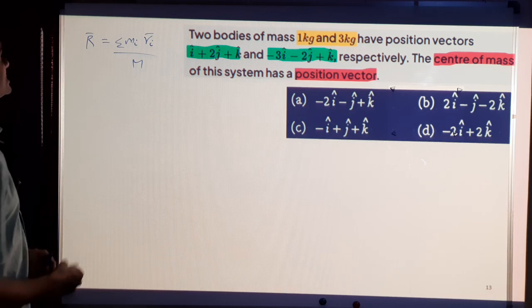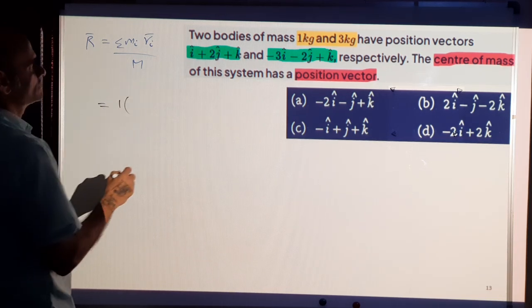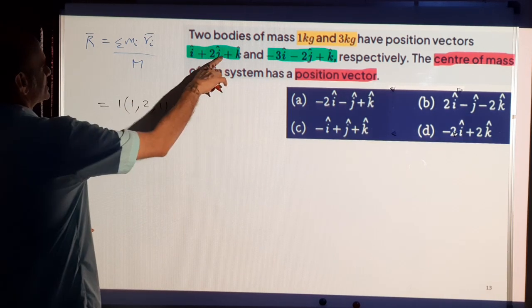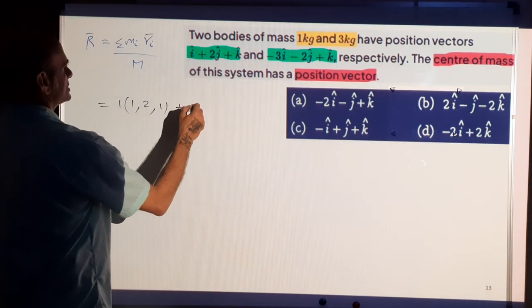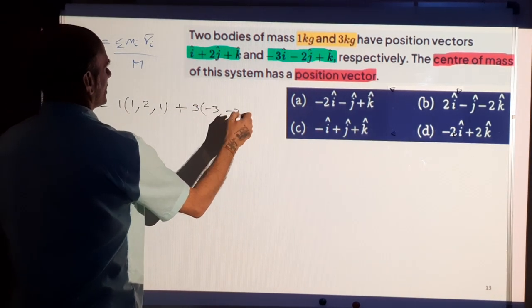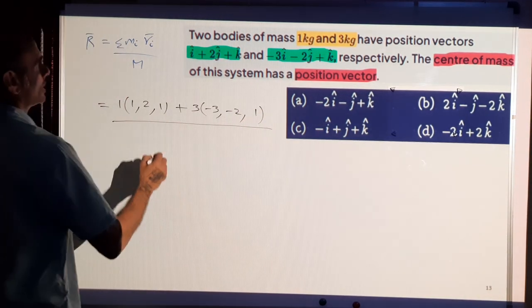Here are two masses. First mass 1 kg and the position vector is 1, 2, 1. This can be written like this also. And the second mass is 3 kg and the position vector is minus 3, minus 2, 1. Total mass 1 plus 3, 4.